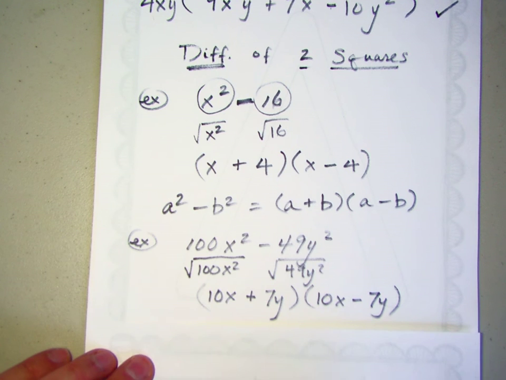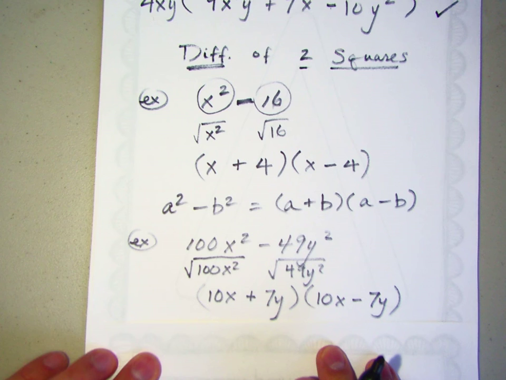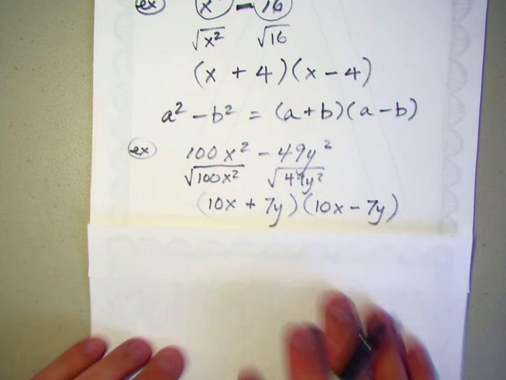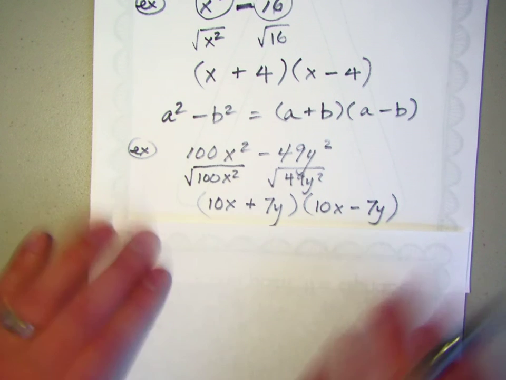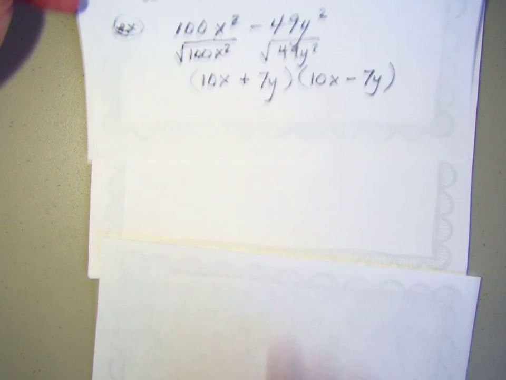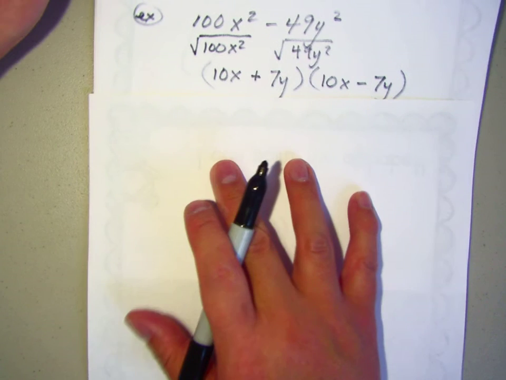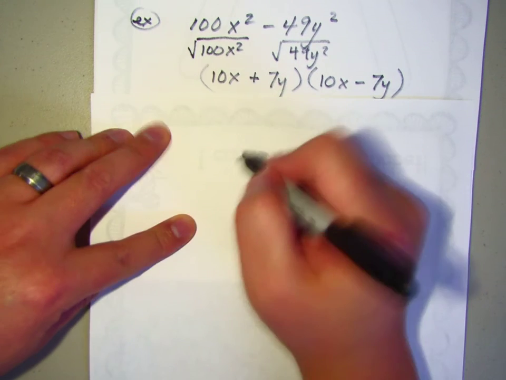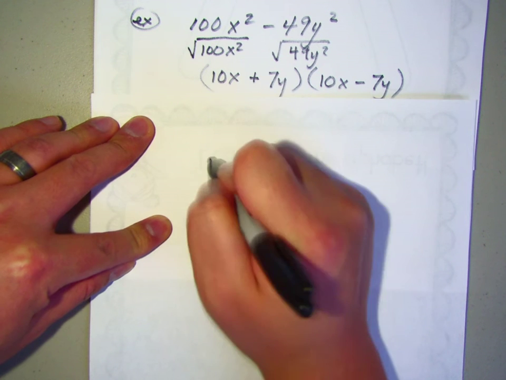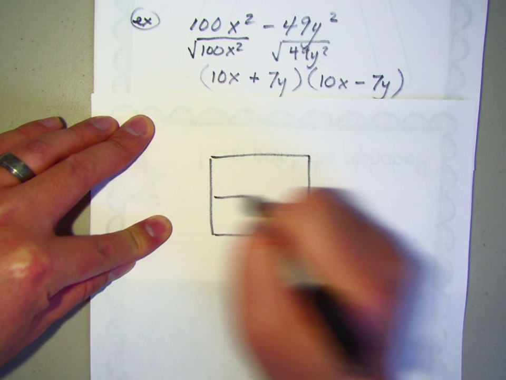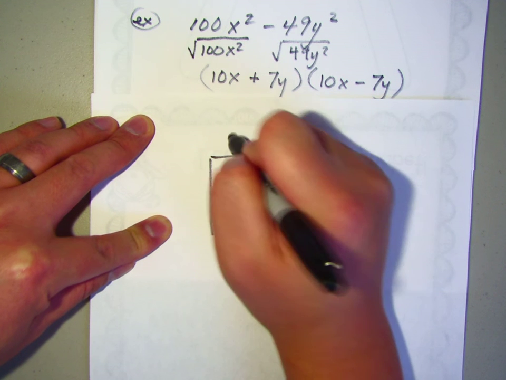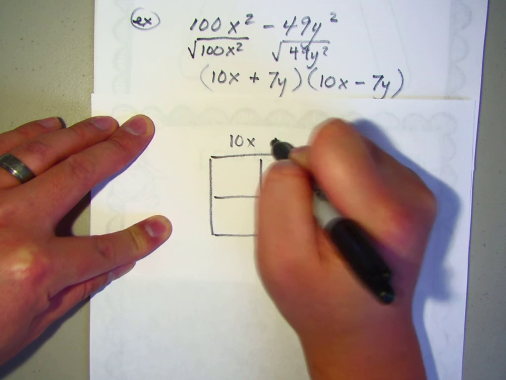One of the things I do a lot in my class is use a box for multiplication, and I use this box because I'll also be using it for the next form. So we've got this area model. If I multiply 10x plus 7y and 10x minus 7y, what's going to happen?